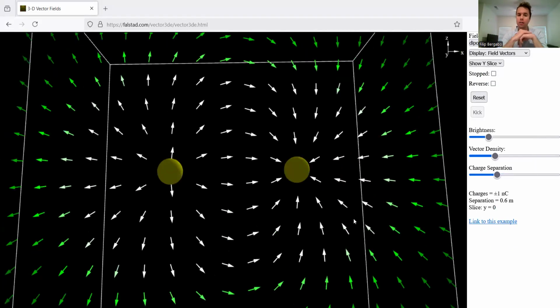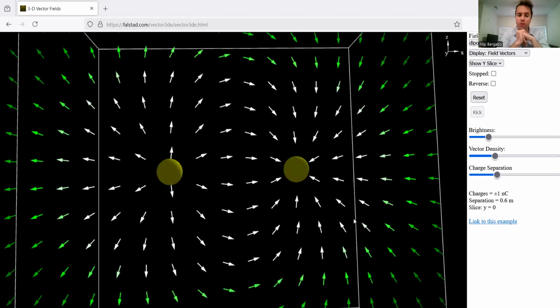Here we are seeing something similar to what we just drew. Notice you can tell already which one of these charges is the positive and which one is the negative by the direction of these arrows. The one over here on the left is definitely the positive charge because the electric field vectors point away from it. And they all seem to come in onto the negative charge, where all the arrows point in.